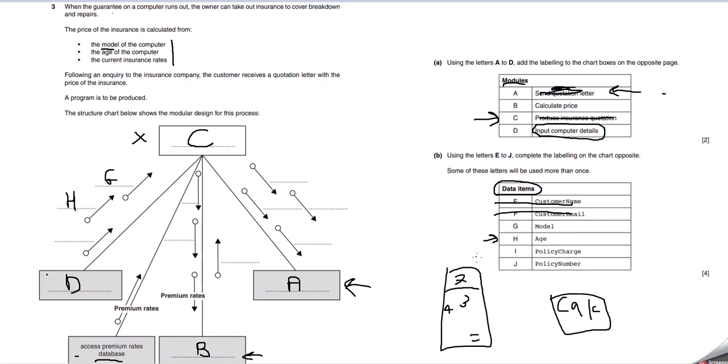What about a policy charge? Well, no, because we don't have that information yet. So it's got nothing to do with policy charge. What about policy number? Yes, because that will have our current insurance rates. So I'm going to put J down.